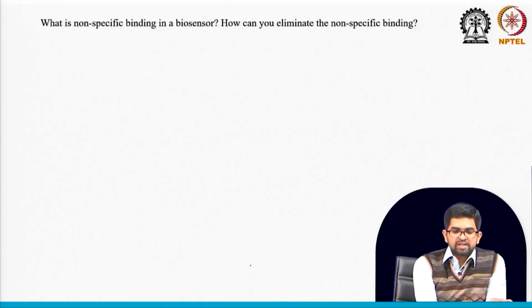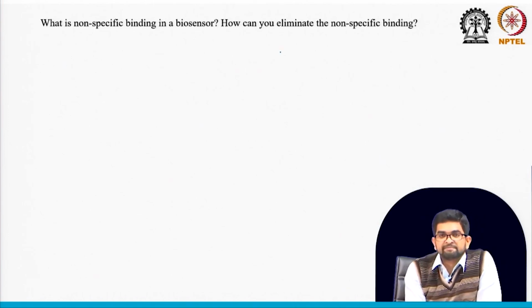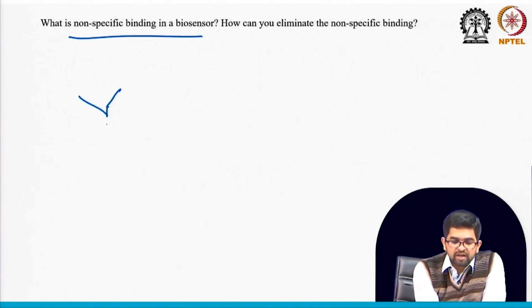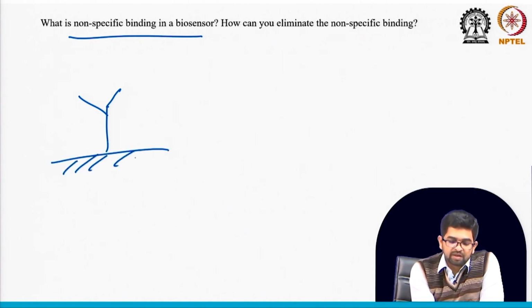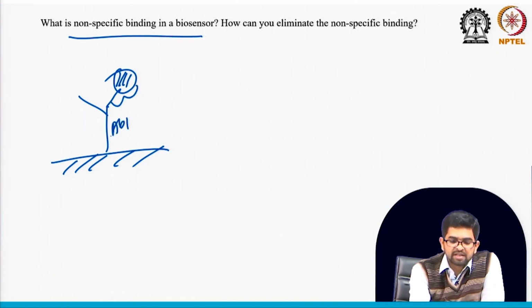Now the next question is, what is the non-specific binding for biosensor? How can you eliminate the non-specific binding? I already taught you the non-specific binding. Before that you should know what a specific binding is. If you have a biosensor and your target binds with the antibody, then this antigen-antibody binding is the specific binding.